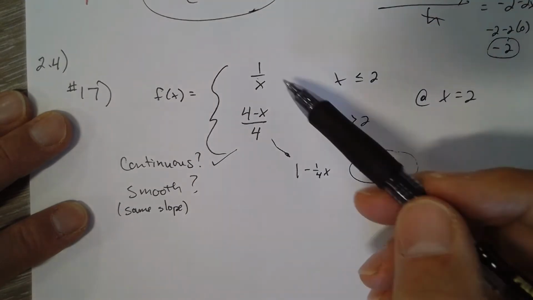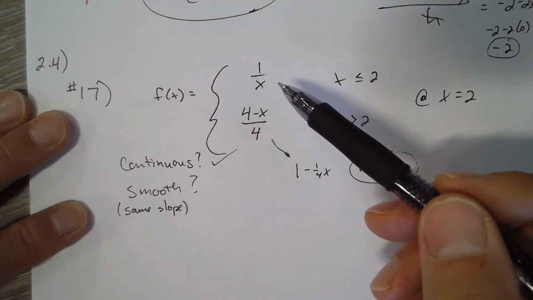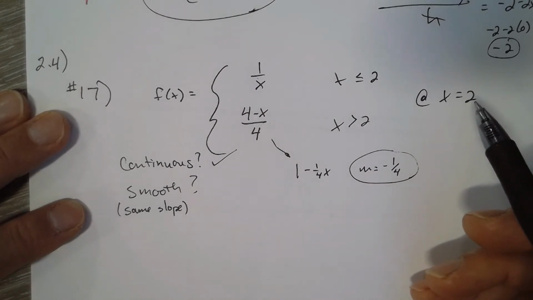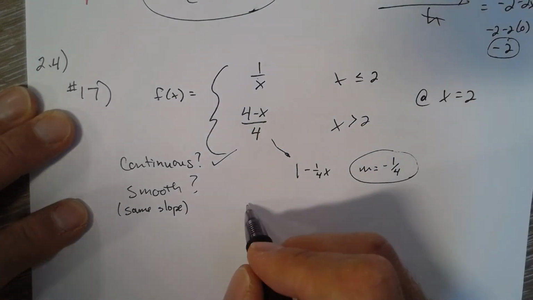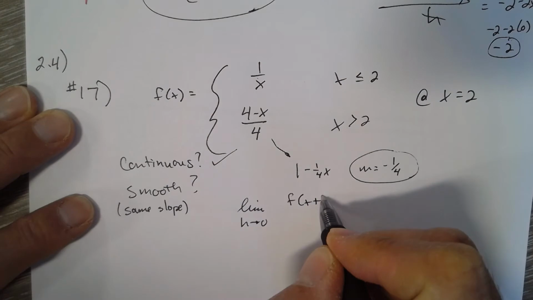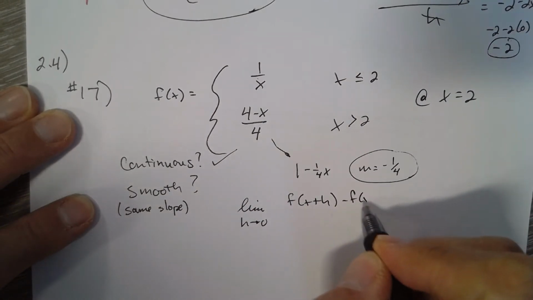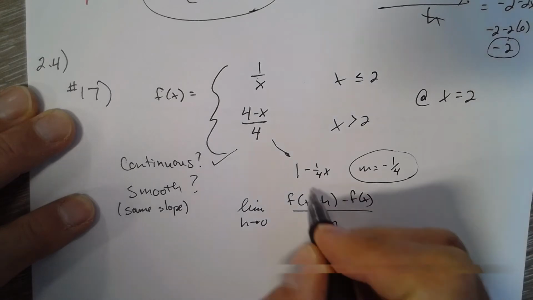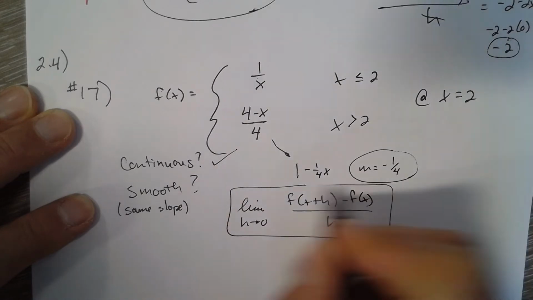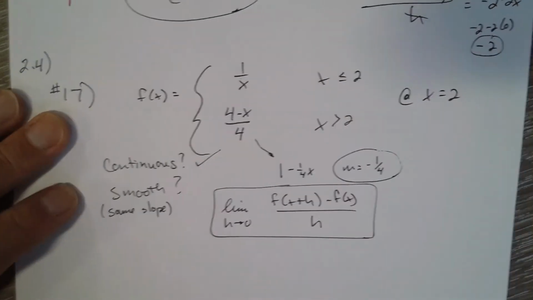So now we need to figure out what the slope of 1 over x is at 2. So we use our difference quotient, which is our definition of derivative. This will tell us our derivative.